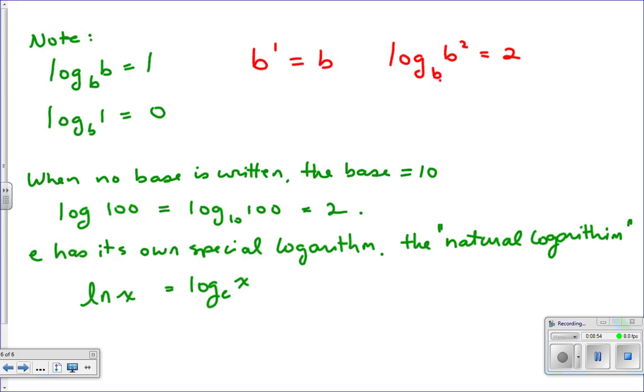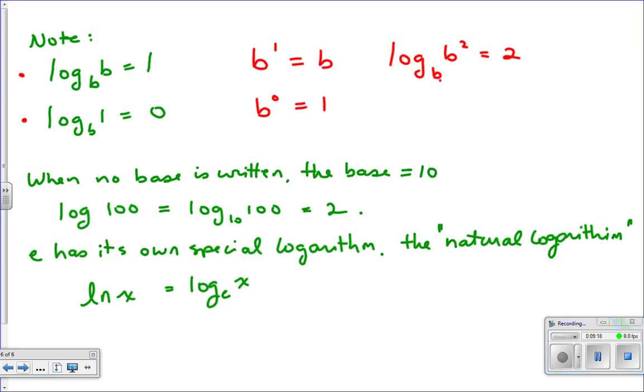The log base b of 1, so that's really for any base b, is going to be 0, since b to the power of 0 equals 1. So those are two important rules to remember because they make the evaluation of logarithms very quick and simple.